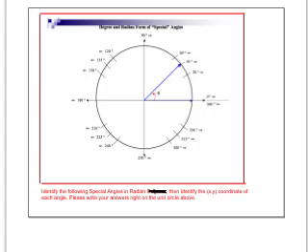So your job is to convert each of these degrees to radians, and when you convert them, just write them right outside the angle that you're working with. Make sure you include 0. Then what I want you to do is identify what is the xy coordinate for each angle.